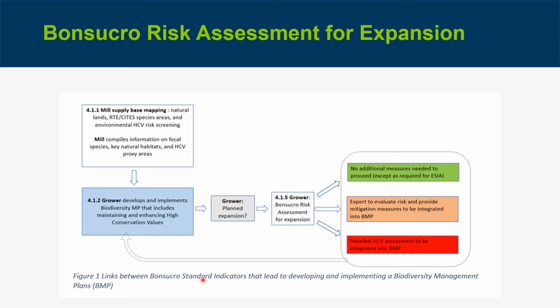So now we return to the best management plan to update that plan on the new planting. Or, the third and most risky case needs a detailed HCV assessment to be integrated into the best management plan. Of course, this HCV assessment needs to be done by an HCV Resource Network approved assessor, the ALS assessor.